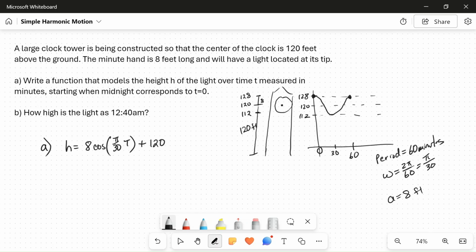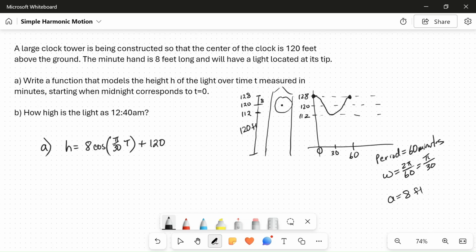So my function for the height of this light on the tip of the minute hand is going to be h equals 8 times the cosine of the quantity pi over 30 times t, plus 120. Okay, so that function models the height of that light over time.